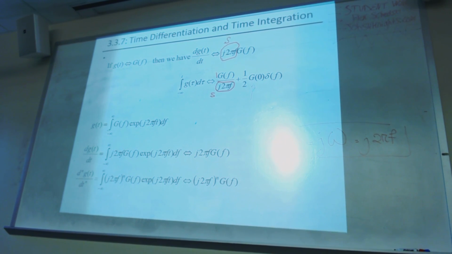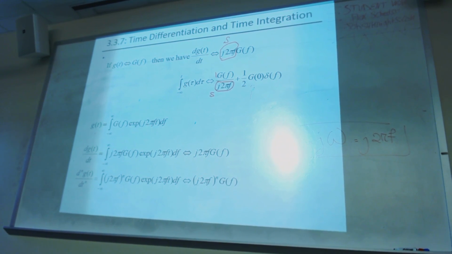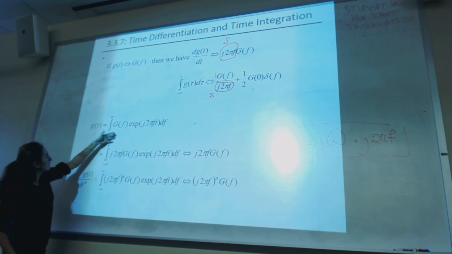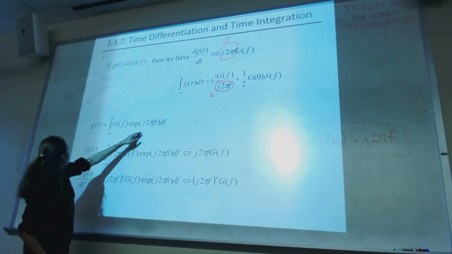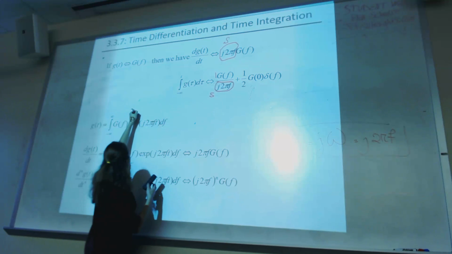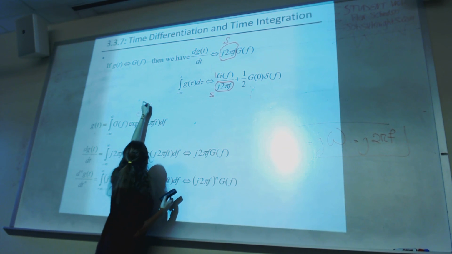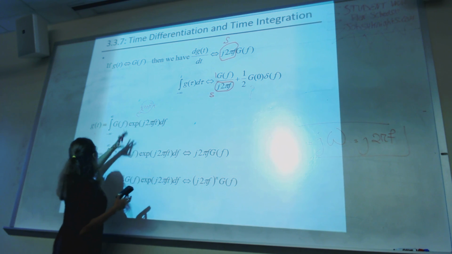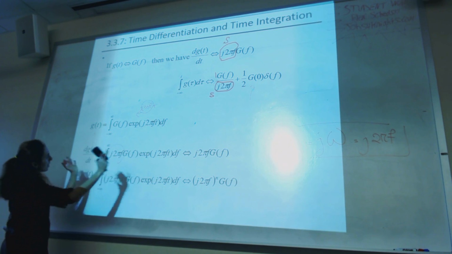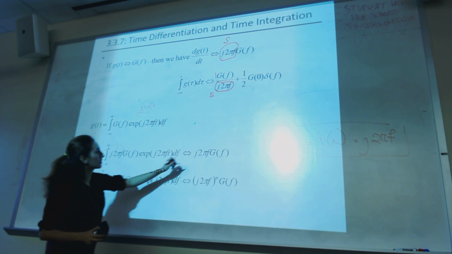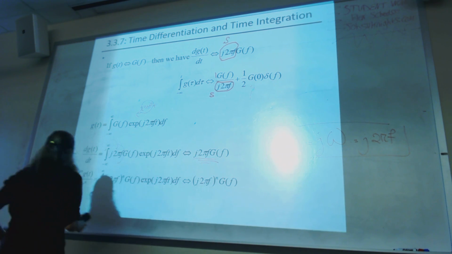Okay, so I guess the proof is very, very easy. If this is g(t), you take the derivative, and the derivative goes inside the integral. The derivative is with respect to t, of e to the power j2πft. If you take the derivative of that, you get j2πf times the rest, and this comes out of the integral, so it's very simple.